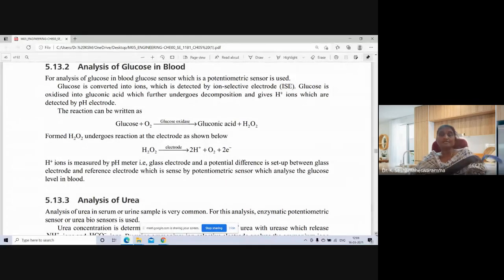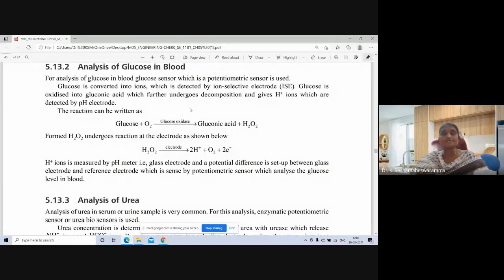Glucose is oxidized into gluconic acid. If we add some oxygen in the presence of glucose oxidase enzyme, the enzyme converts glucose into gluconic acid and hydrogen peroxide.